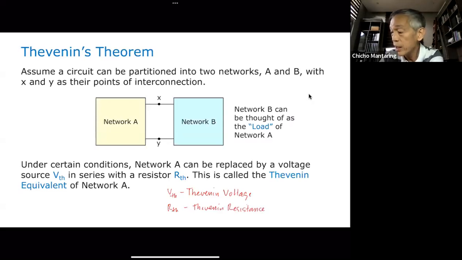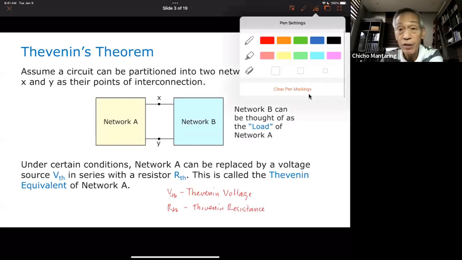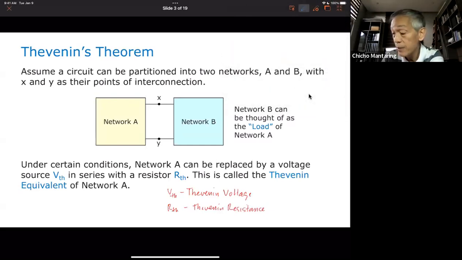Again, what does Thevenin's theorem say? Under certain conditions, itong network A, pwede nating i-represent by a Thevenin voltage in series with a Thevenin resistance. And we call that the Thevenin equivalent of network A.